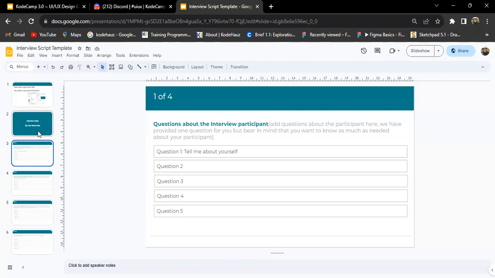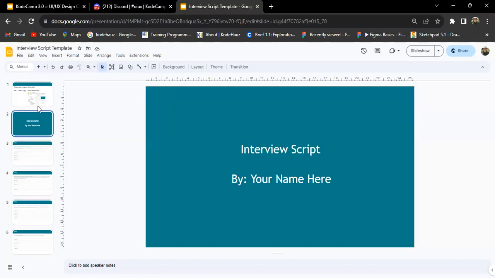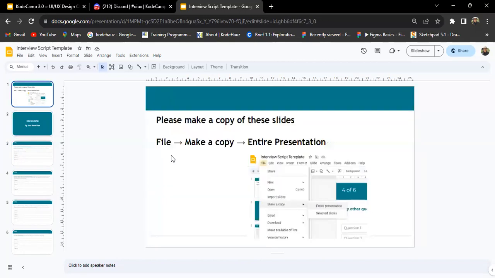I was pointing out that this is the interview script template that you're going to make use of for your task. You can see the instruction here already. You have to make a copy, and be sure to title whatever copy you made. Now, let me show you an example.